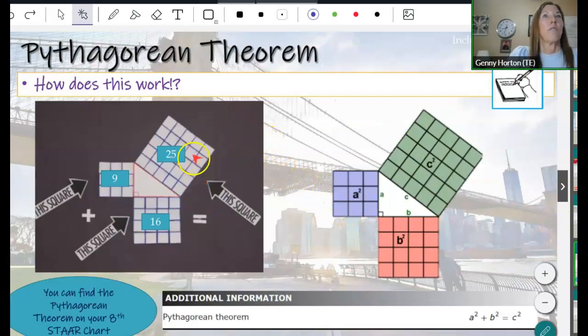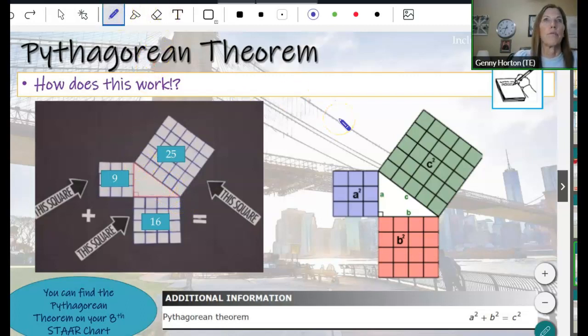So this we actually already went over. How does this work? Here are the numbers. Here's the square for this one. This was 9. This was 16. This is 25. So it's 3 squared plus 4 squared is equal to 5 squared.